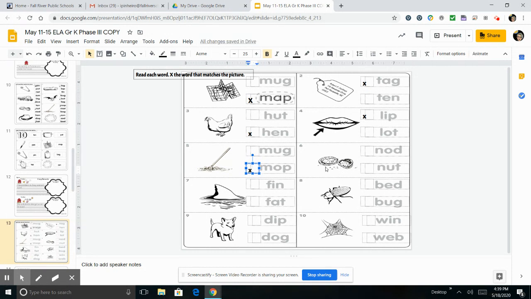Nut, nut. Fin, fin. Bug, bug. Dog, dog. Web, web.